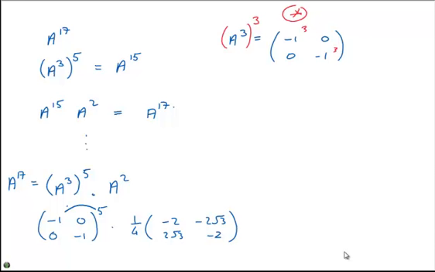This 5 here is going to go in. So minus 1 to the power of 5 is still minus 1. 0, 0, minus 1 to the power of 5, still minus 1. The quarter can go in at any point. We'll stick it in there at the front. So you've got matrix multiplication again.